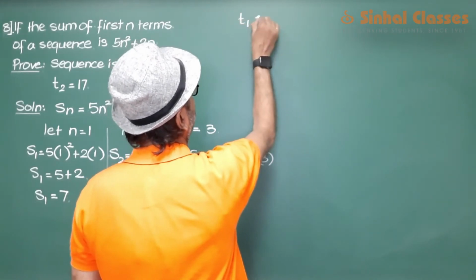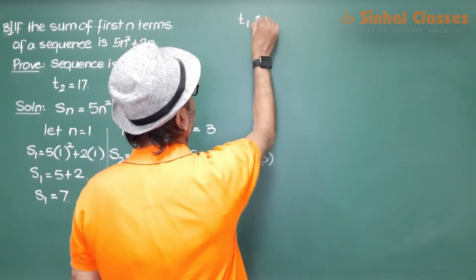Here the common difference is 10, the last term is 500, and we are asked to find out Sn. So now for Sn, we have the formula for Tn. Let us find out Tn first.